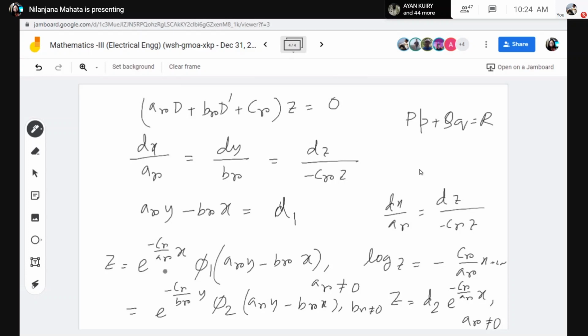So this is the CF of these. I can have n of these terms from all the factors n, then I will sum all these solutions and I will get the complementary function of this.